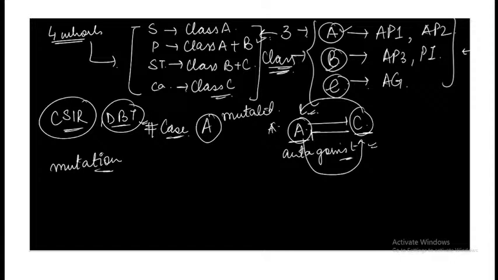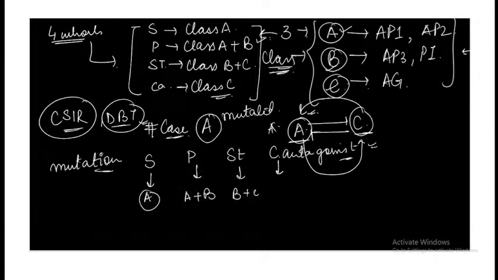So normally you have sepal, petal, stamen, and carpel. Sepal gets formed by A gene, petal gets formed by A plus B, stamen gets formed by B plus C, and carpel by C. Now it is saying that class A got mutated. Now what will happen?